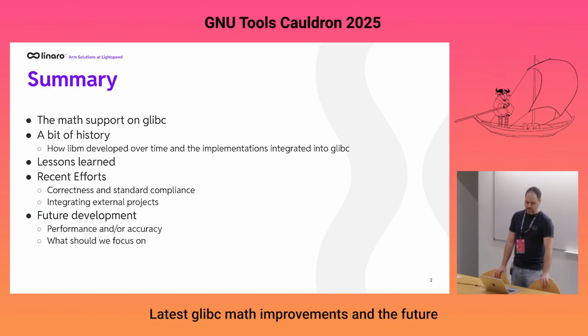So just to give a brief summary, the first part is the math support in glibc: what kind of float types we support, what kind of standards we aim to support, and the kind of architectures that we would like to support. The next part is a bit of history.